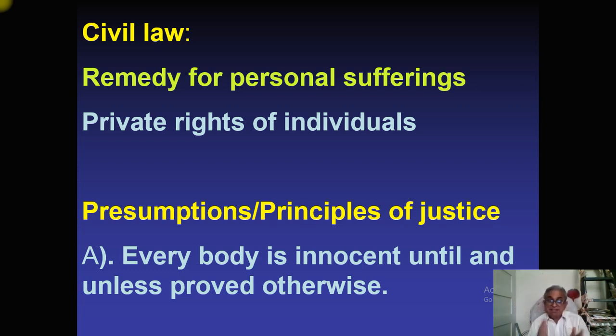So everybody is innocent. A person against whom an allegation is made is an accused person. Accused person means mulzam, the one against whom an allegation has been made. And if a case is proved against him, he will be a culprit.